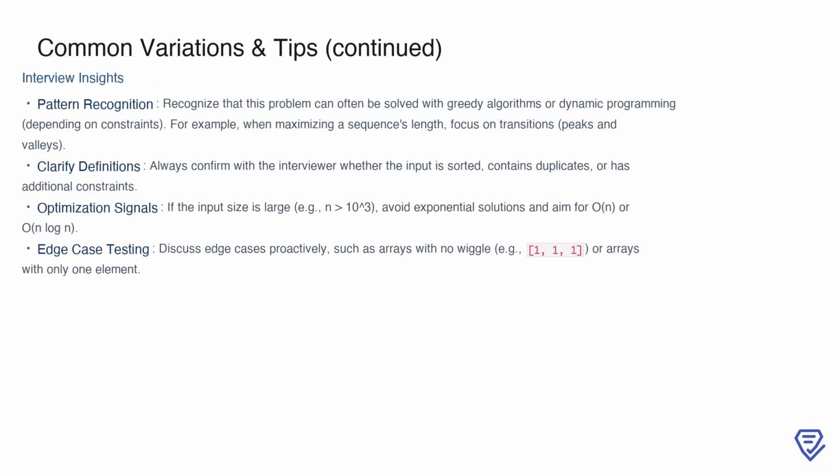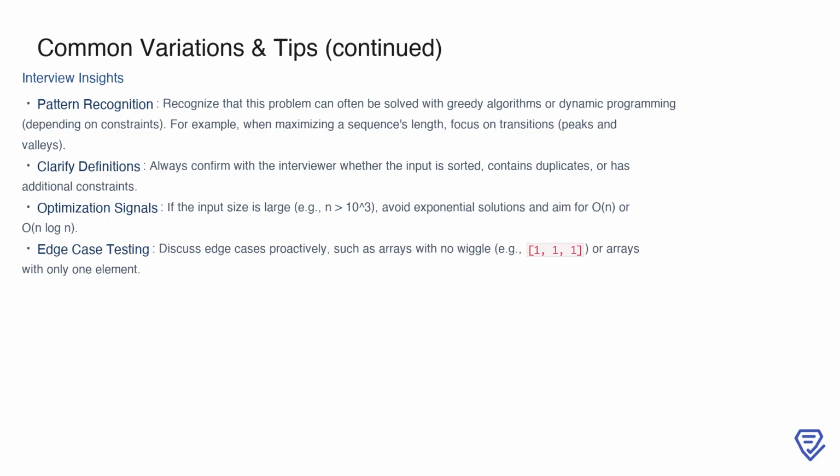To excel in interviews with this problem, focus on recognizing patterns. Many variations of the wiggle subsequence problem can be solved using either greedy algorithms or dynamic programming, depending on the constraints. For instance, when maximizing the length of the sequence, pay close attention to how transitions between peaks and valleys are handled. Also, take the time to clarify definitions with your interviewer.